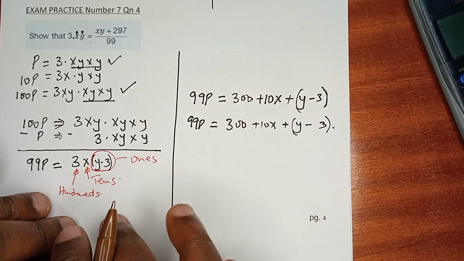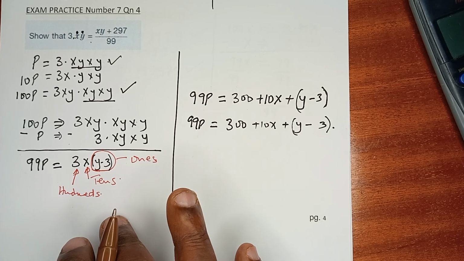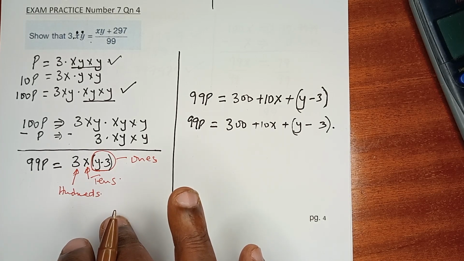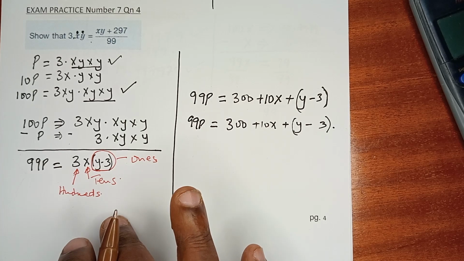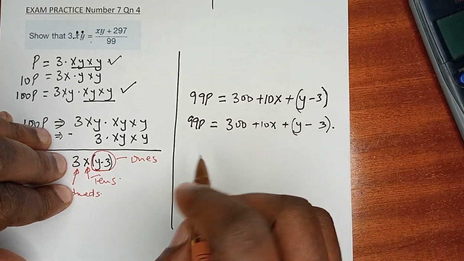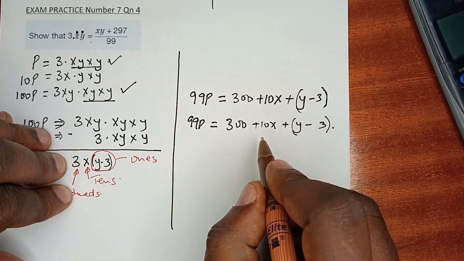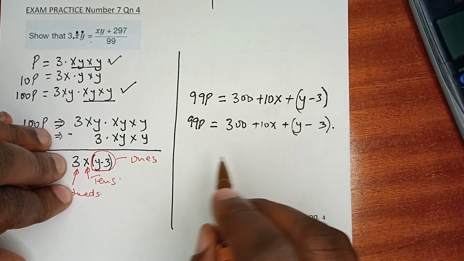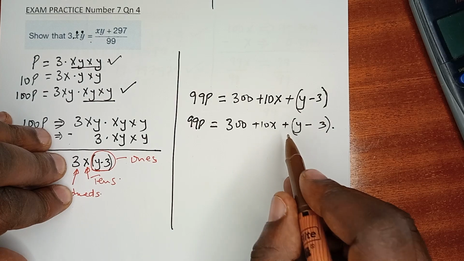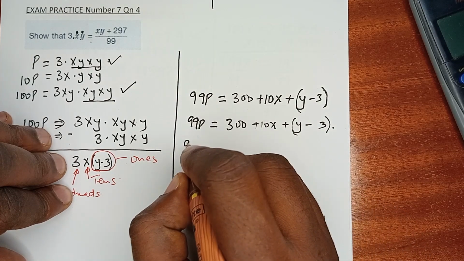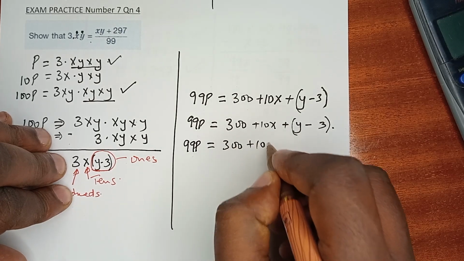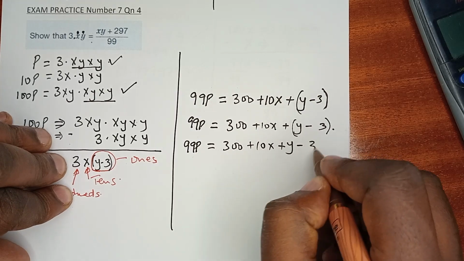Before we divide both sides by 99, there is something emerging.